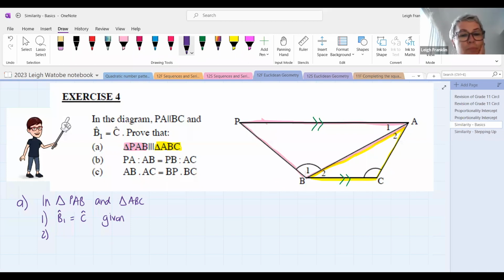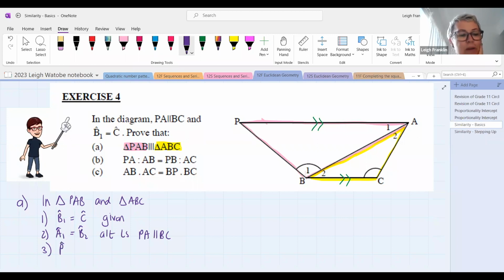Then angle A1 is equal to angle B2. Excellent. Reason? Alternating angles, because PA is parallel to BC. Beautiful. Oh, that is just gorgeous. Keep going. Very nice. Angle A2 is equal to angle P. There we go.